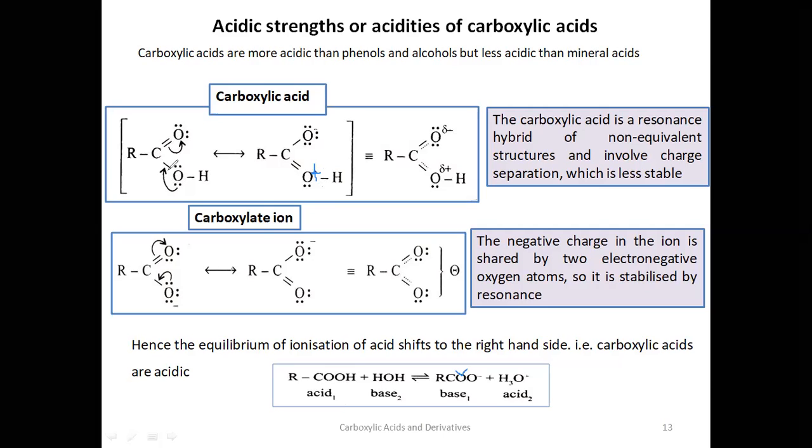That is not possible. In order to satisfy the valency, this pi bond has to be shifted. The pi-bonded electrons have to be shifted onto this oxygen, so the electron density on the oxygen increases.